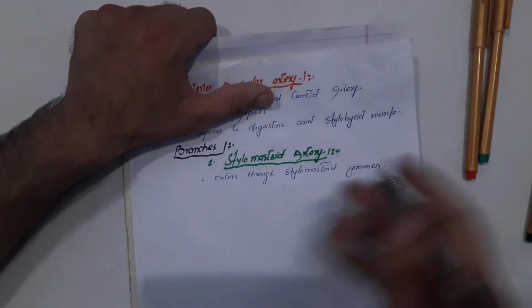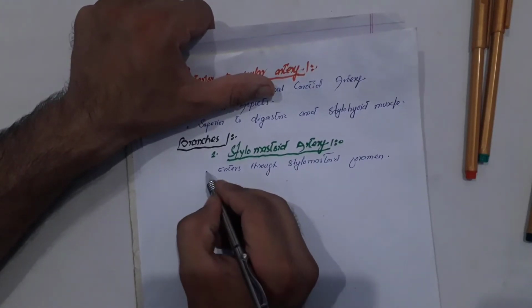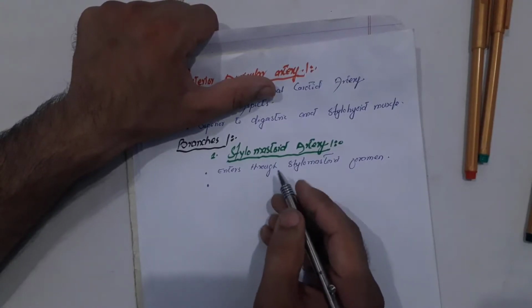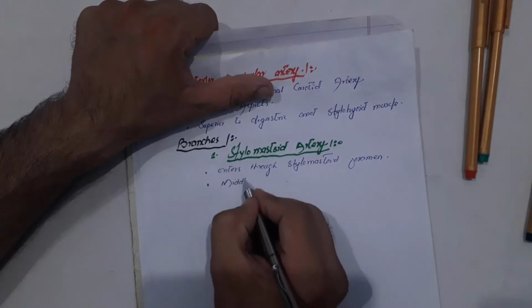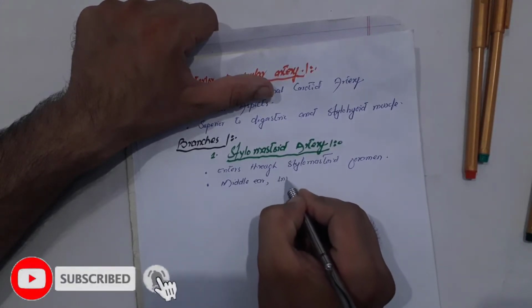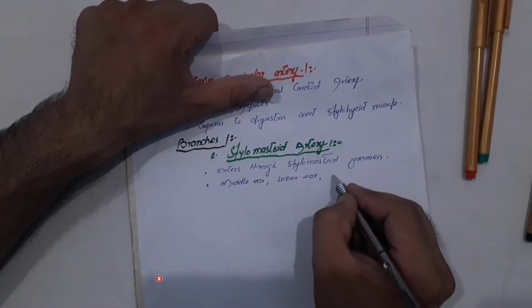Very good. And what is this artery responsible for? Which parts of the body does this artery supply? This artery supplies blood to the middle ear, inner ear, and tympanic cavity.